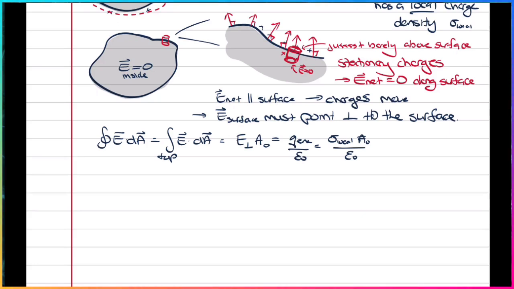Again, these are arguments we've done multiple times, which is why I'm going fast. Total charge is charge density times an area for 2D, etc. So this implies that the electric field perpendicular to the surface has a magnitude equal to the local charge density divided by epsilon naught, which looks a lot like the infinite sheet.